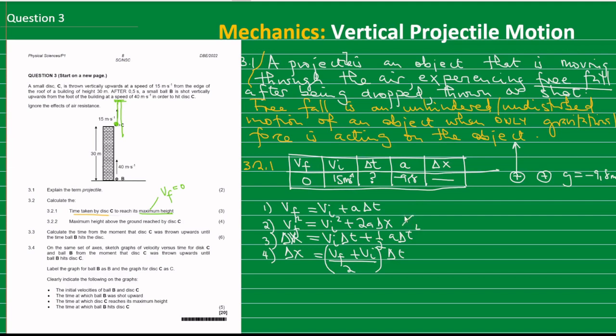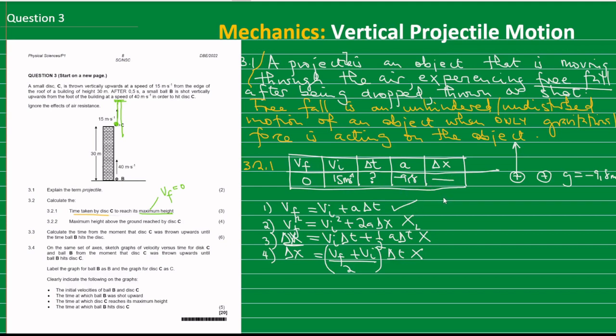Equation 2 will be out of the picture. Equation 3 will be out of the picture because we don't know the delta x. Equation 4 is also out. So we are only going to use the first equation, v final is equal to v initial plus a delta t.